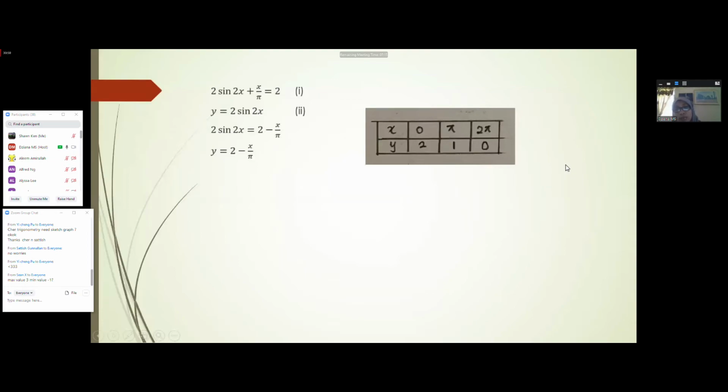Understand where I got these values? Just substitute 0, pi and 2 pi. If you just want to use 2 points also can. At least 2. If you want to do more, no problem. Any question?